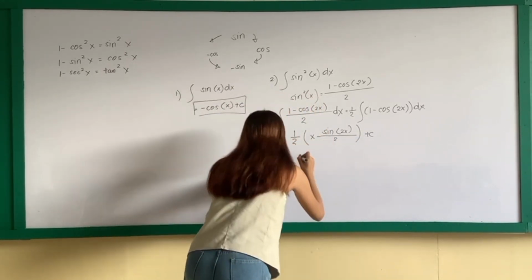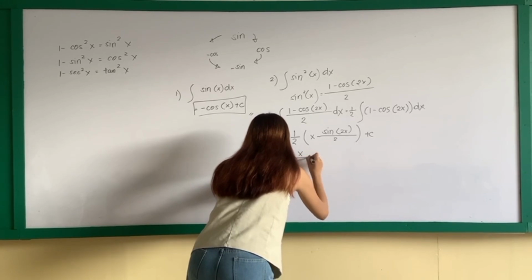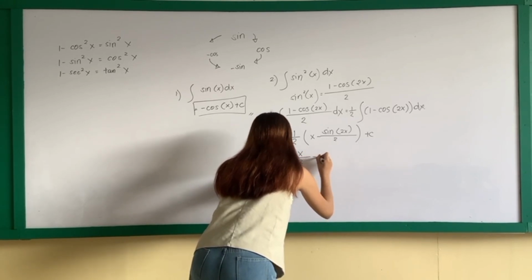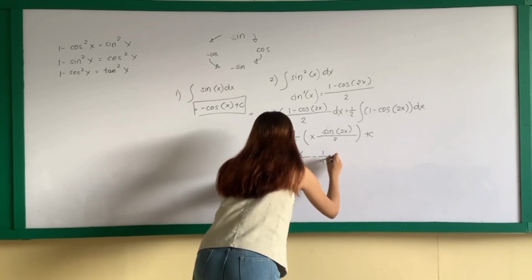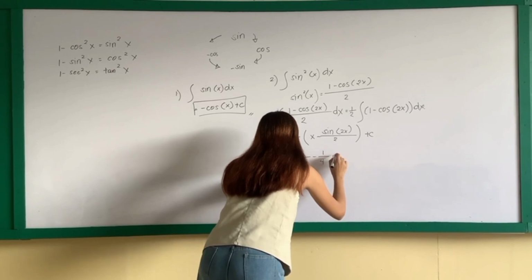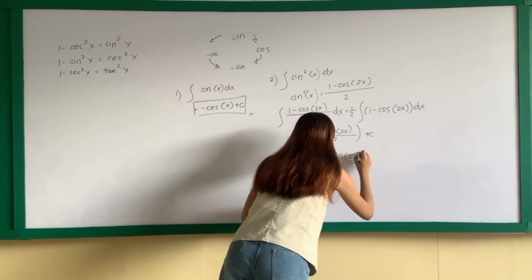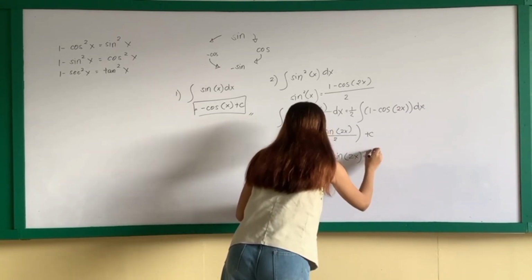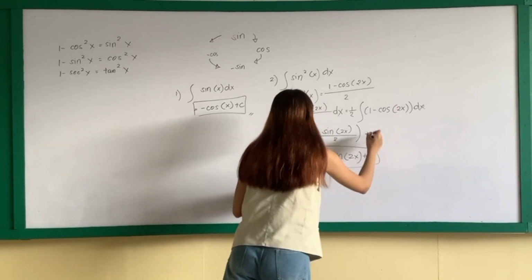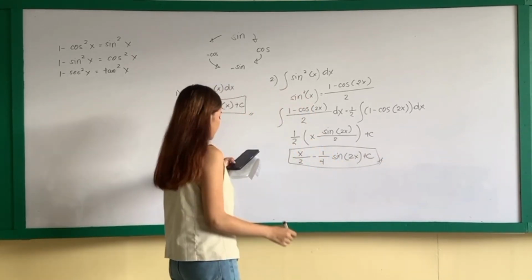And our final answer is x over 2 minus 1/4 sine 2x plus c. And that's our final answer.